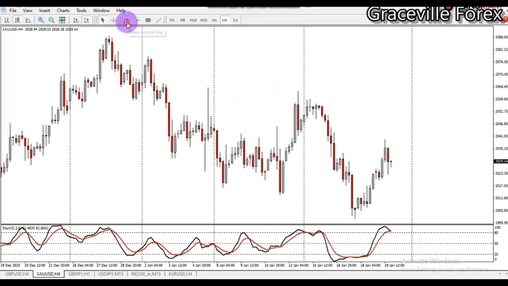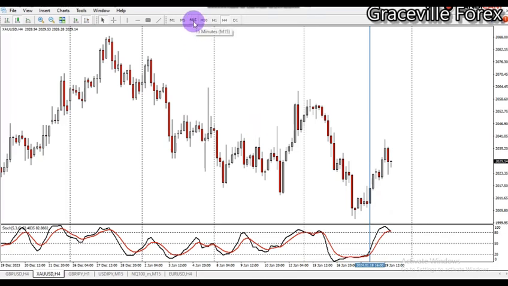As you can see here, we have this crossover here, and this crossover here. Now we are clear on our trend bias, because we have this crossover below the 20 and below the 50 level. So we are looking for an entry for a buy position.